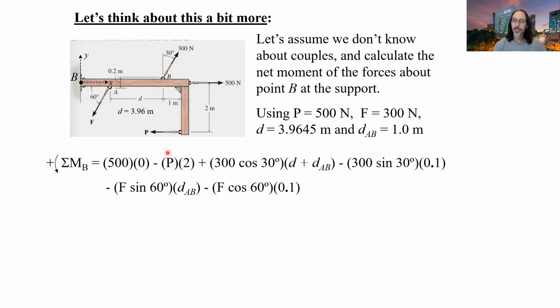Then we've got our force P down here. Its moment about point B is force times perpendicular distance, so the perpendicular distance between the line of action of the force and the point about which we're taking moments. The line of action of this force is along here, so its perpendicular distance up to here is 2.